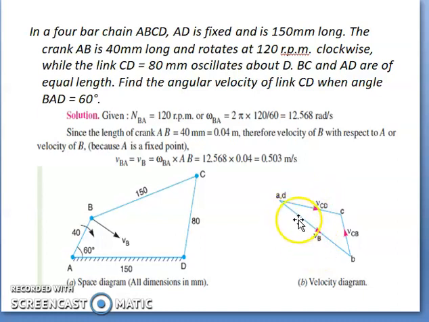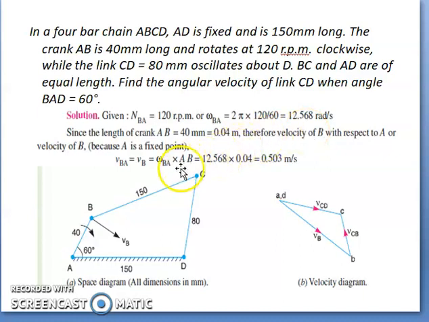Now to find the length of VB, you have to find the magnitude of the VB vector. We know that the velocity of B is equal to omega into the length of the link. To find omega, the speed is given. The speed is 120 rpm, so omega is 2 pi N by 60. From that you can find omega.